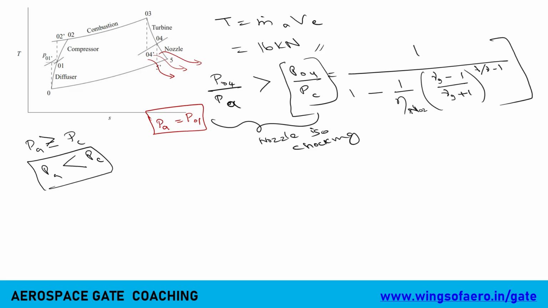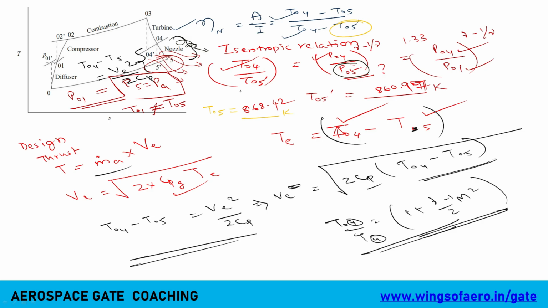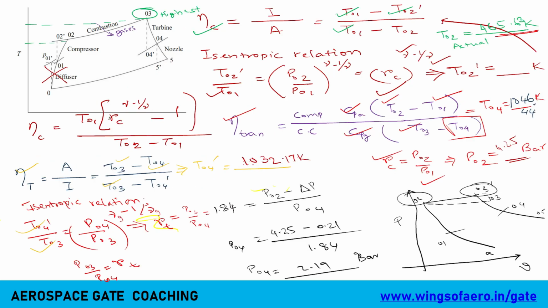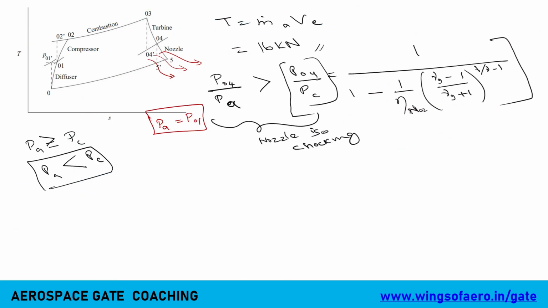Now we need to check what the value of P04 is. Previously I think we have found P04. Have you found out what is P04? 2.19 bar, right? So you have the data.